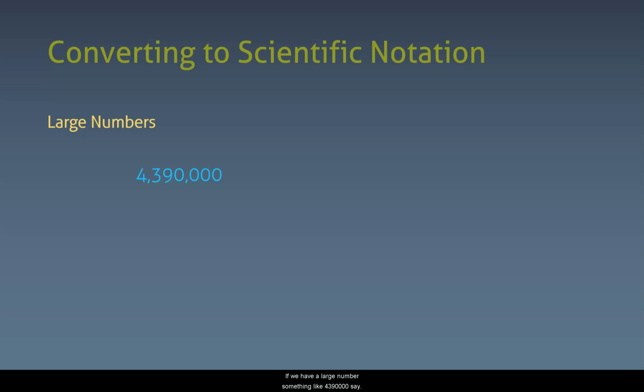If we have a large number, something like 4,390,000, say, then in order to write that number in scientific notation, we're going to start by putting the decimal at the end of the number. Then we're going to move the decimal until there's only one digit to the left of the decimal point.